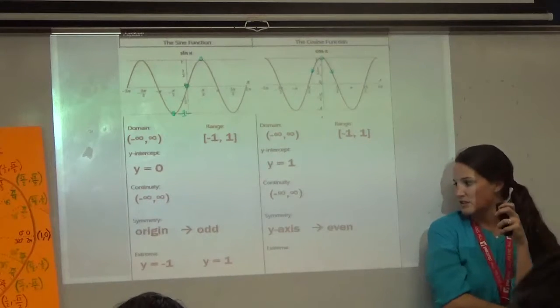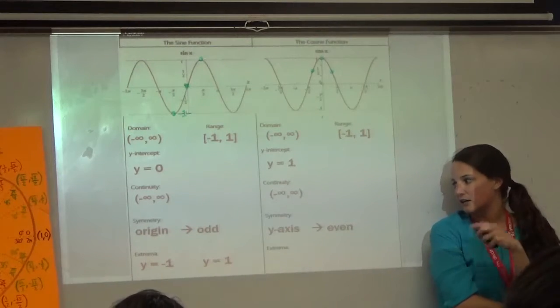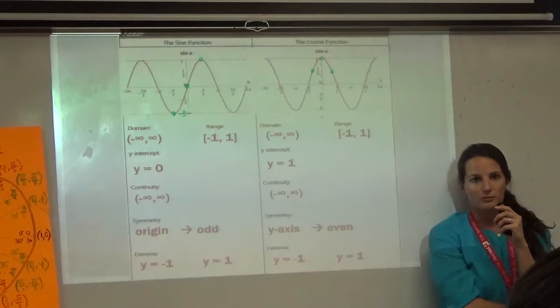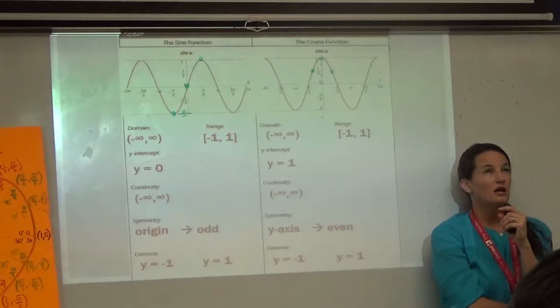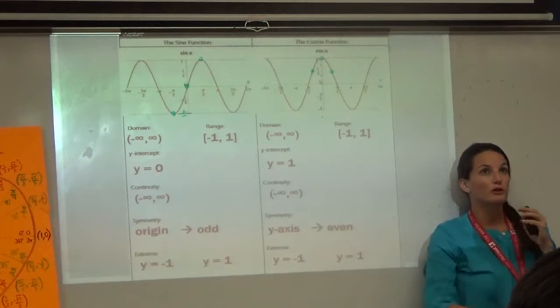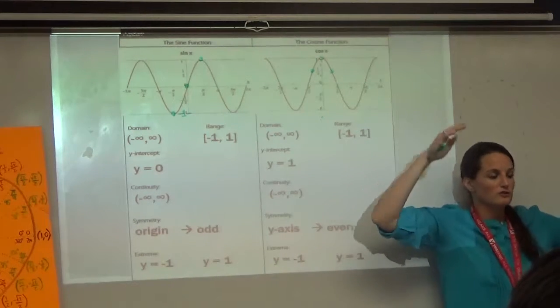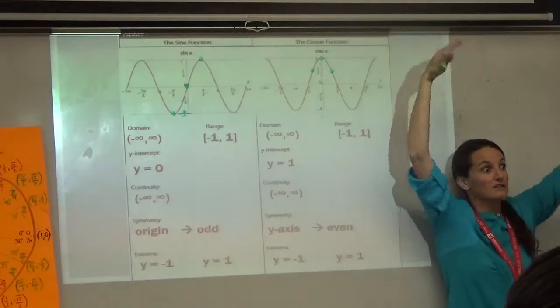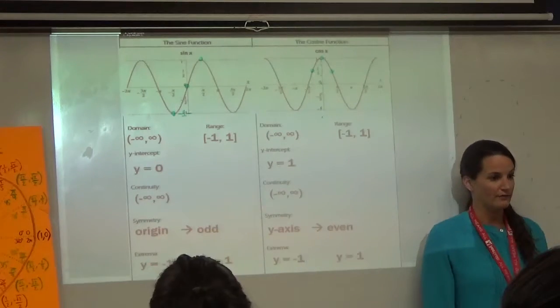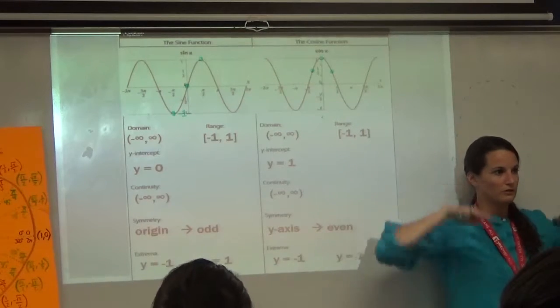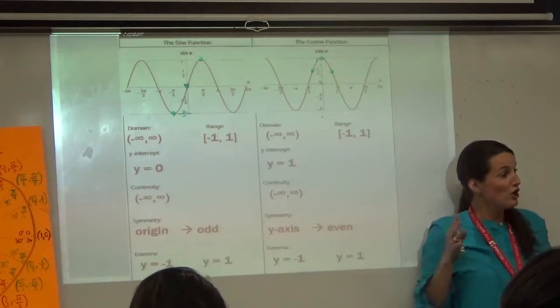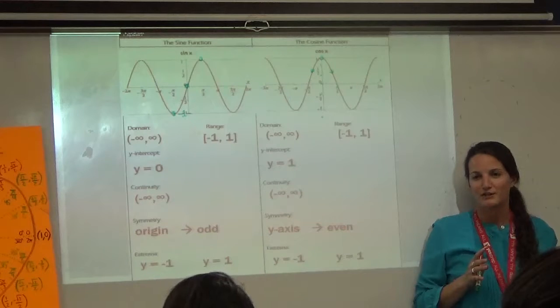Okay, y-axis symmetry, it's even, and then I'll finish the last one, extrema. Extrema is a vocabulary word for the extreme values, is how I like to think of it in my head. So any maximums or minimums of your graph. And notice the high points and the low points are happening at 1 or -1. Extreme. Yes. Okay, now you never forget.